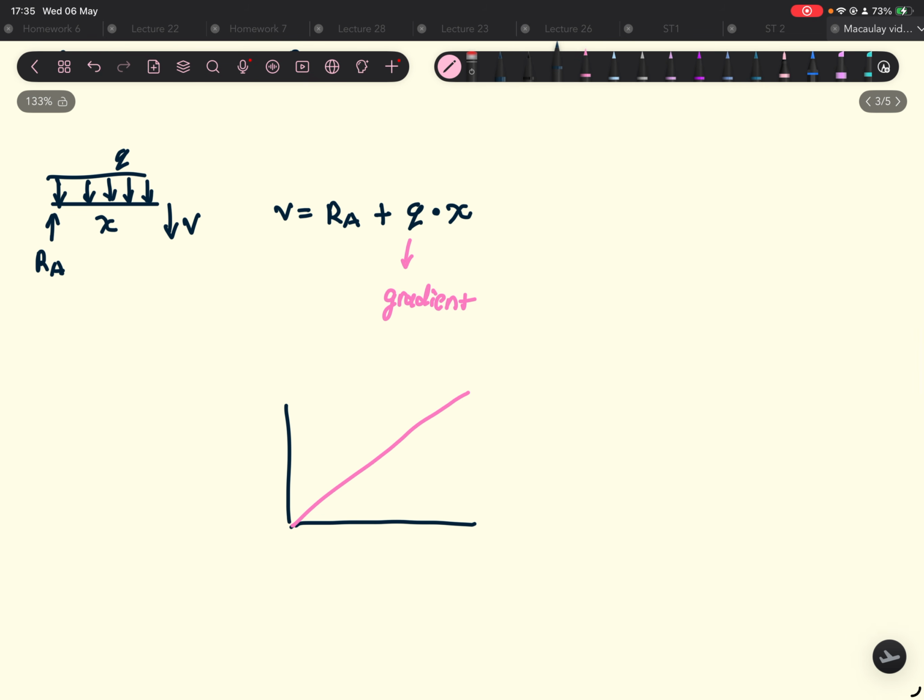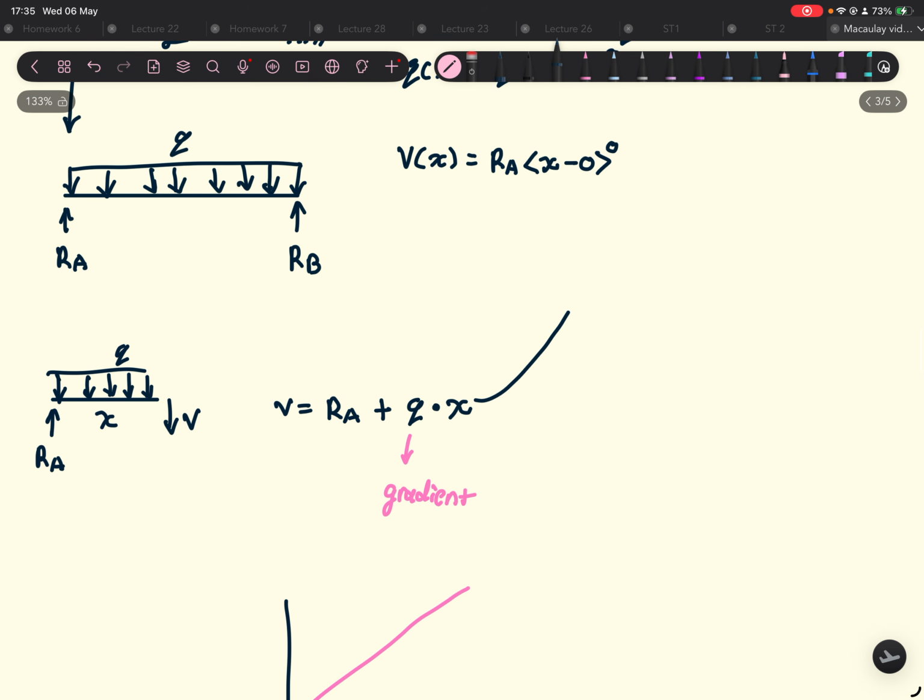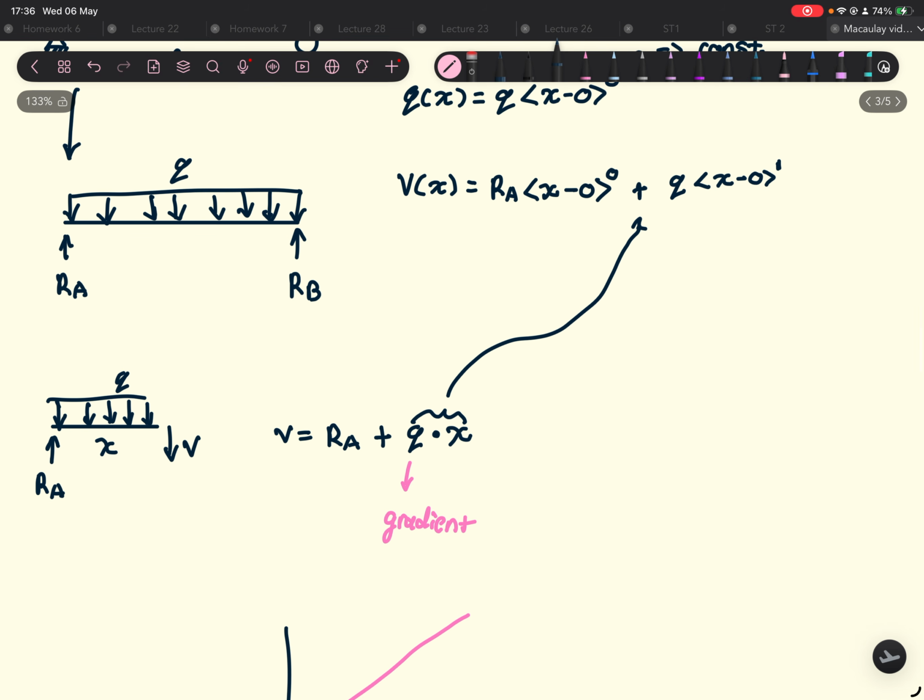So to write this portion over here, we're going to say plus q, which is going to be our gradient, and then our equation. So our equation is going to be x minus 0 to the power 1. Okay, so remember, to the power 1 gives you an equation of a straight line.